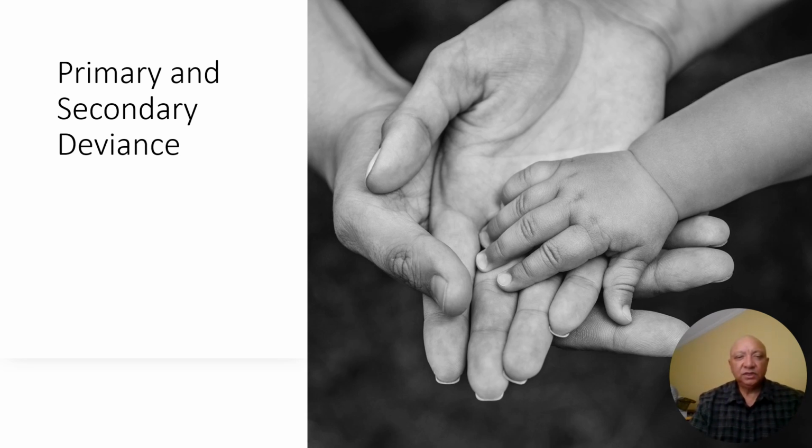Edwin Lemert was especially interested in describing primary and secondary deviance. Lemert distinguished between primary deviance, which refers to initial, often minor, acts of rule-breaking, and secondary deviance, which occurs when an individual begins to adopt a deviant identity due to societal reactions and labels.